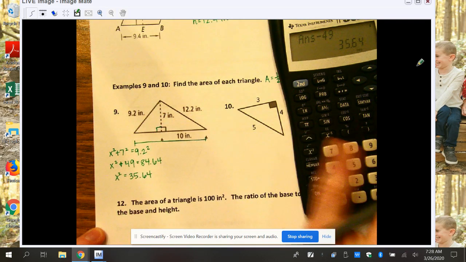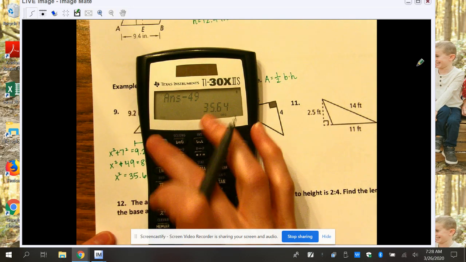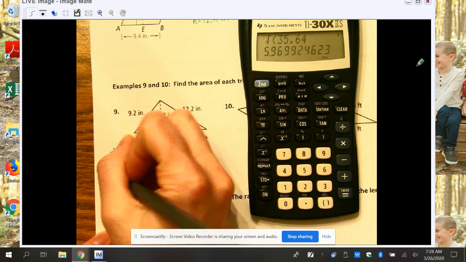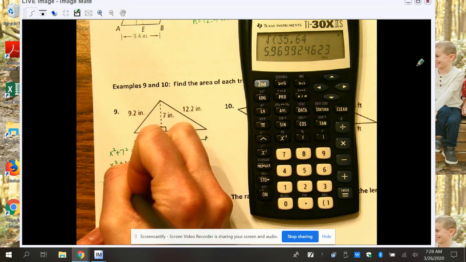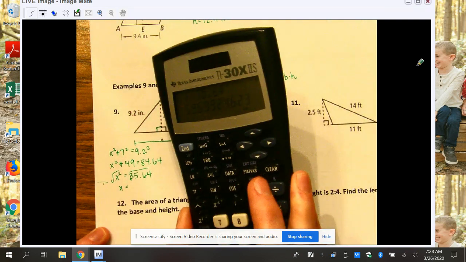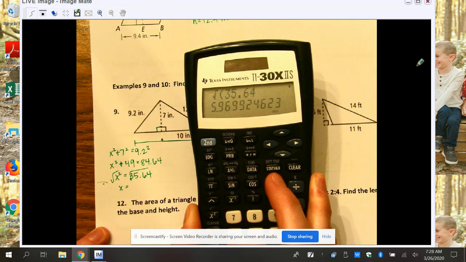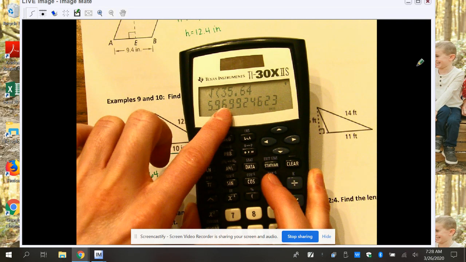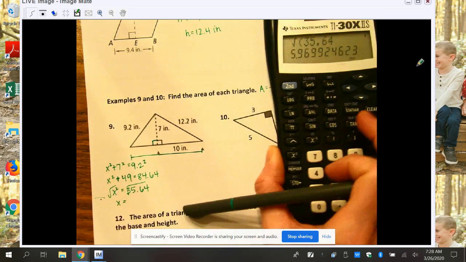And then when I take the square root of that, I get x to be about, we will just round that to 6. Because even if I round it to the nearest thousandth, we'll bump that up to 5.97. So that'll be close enough. We'll call this about 6.